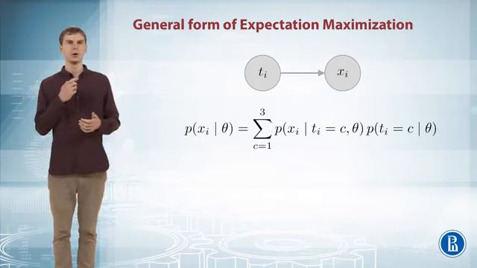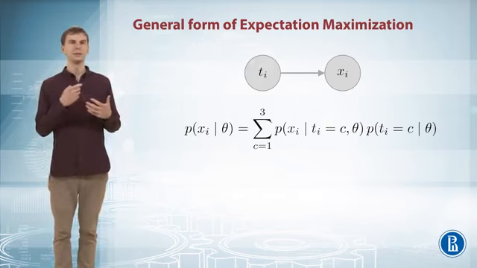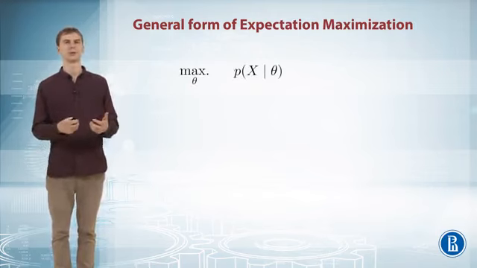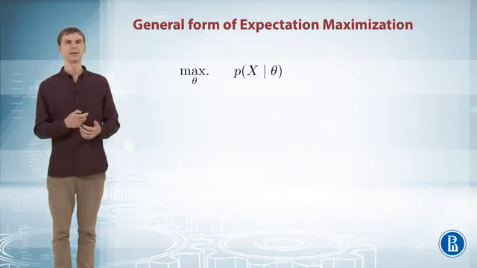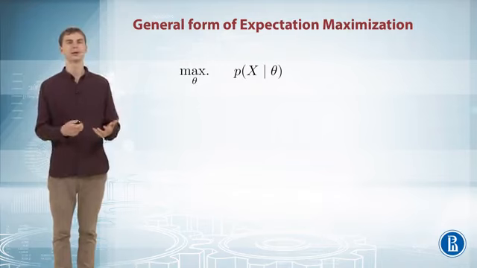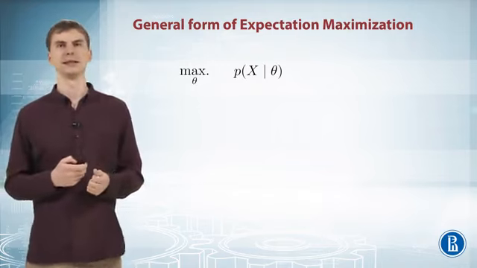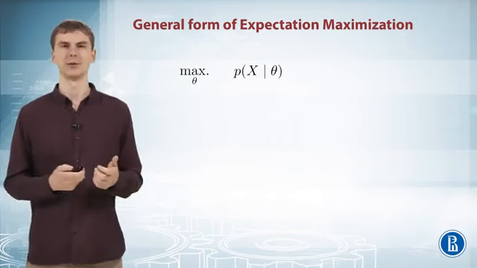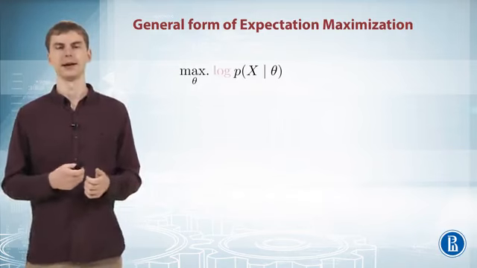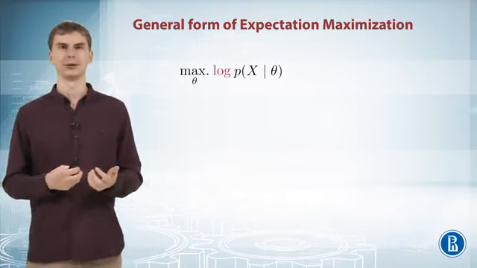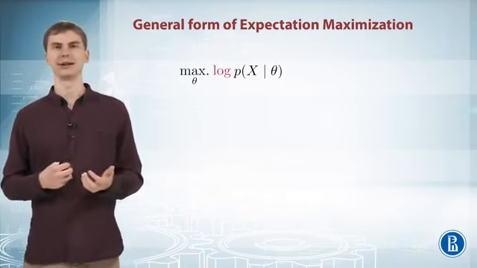So our problem here is to maximize the likelihood of our dataset, the density of the dataset given parameters, with respect to parameters. And this is marginal likelihood because we don't observe latent variables, so we have to marginalize them out. Well, first step, as it usually happens in these kind of problems, let's take the logarithm of our likelihood, because it will turn products into summations and make everything easier.